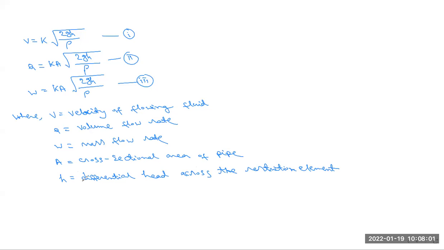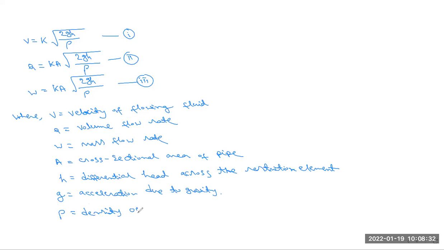Then G. What is G? G is the acceleration due to gravity. Another, that is rho. Rho is the density of the flowing liquid.